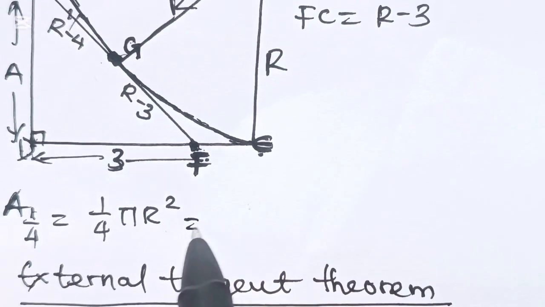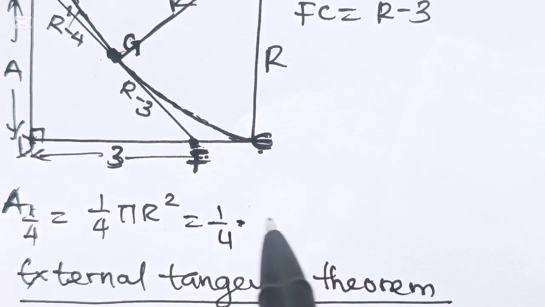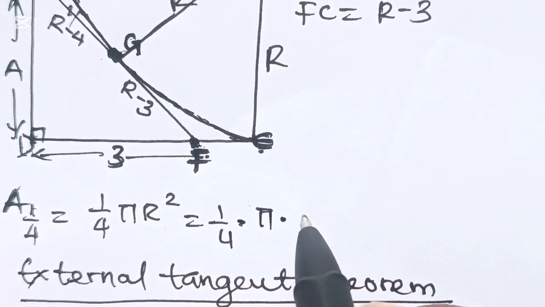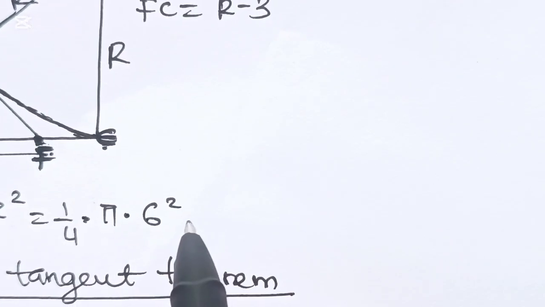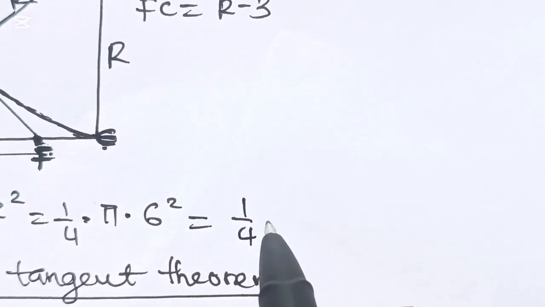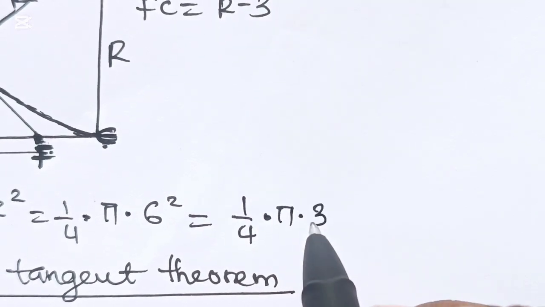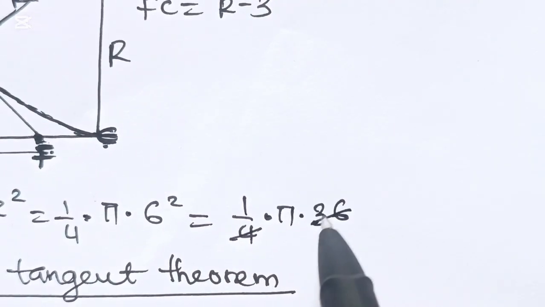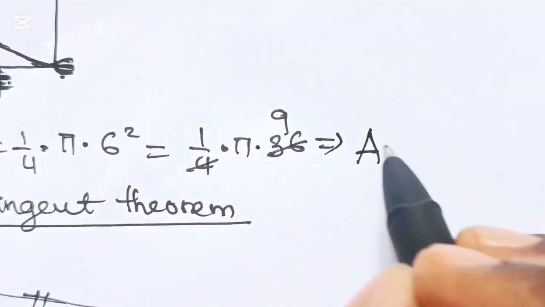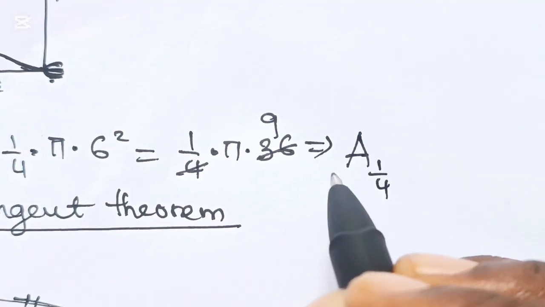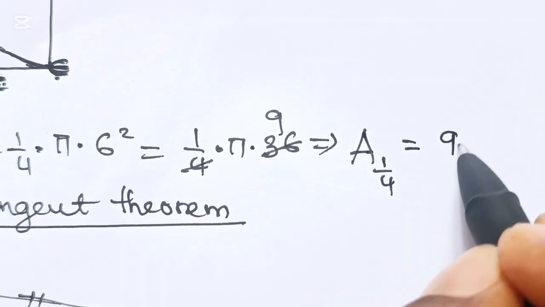So this will be 1 over 4 multiplied by pi multiplied by 6 squared. We've gotten our r to be 6. So this is 1 over 4 multiplied by pi multiplied by 36. And when 4 divides 36, we have 9. So the area of the quadrant is equal to 9 pi.